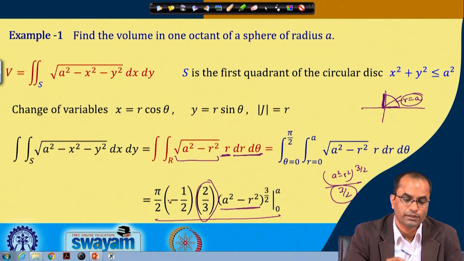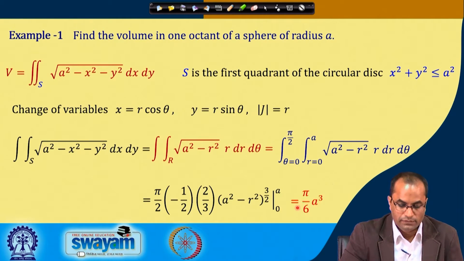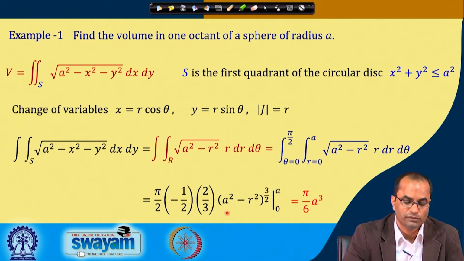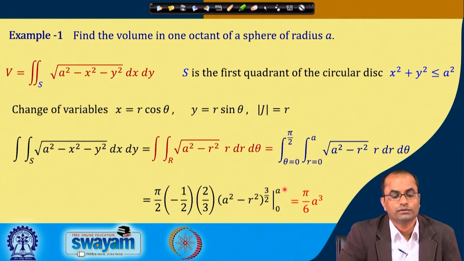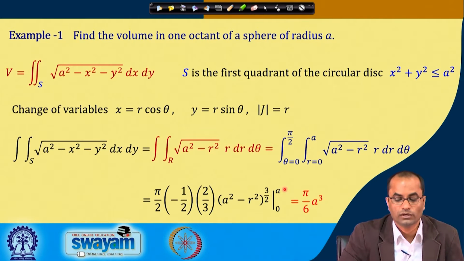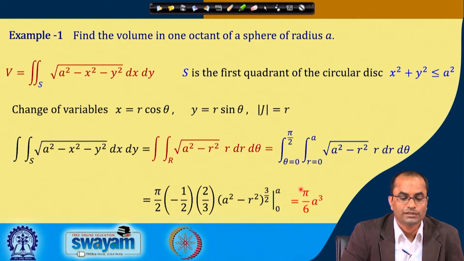So, this will become plus, and finally we will get the answer pi by 6, from 3 and 2 giving us 6 here, and a cube coming when we put the lower limit. So, the volume of this sphere in this one octant will be given by pi by 6 into a cube, where a is the radius of the sphere.